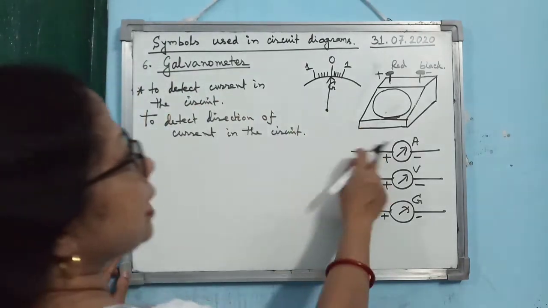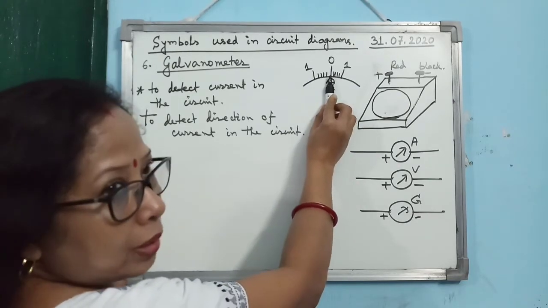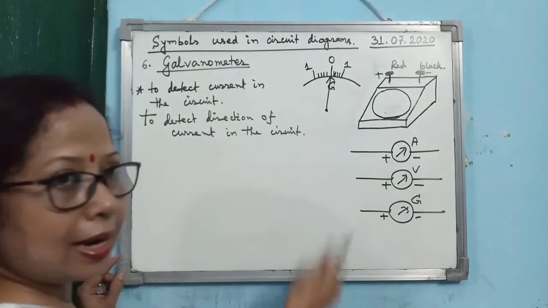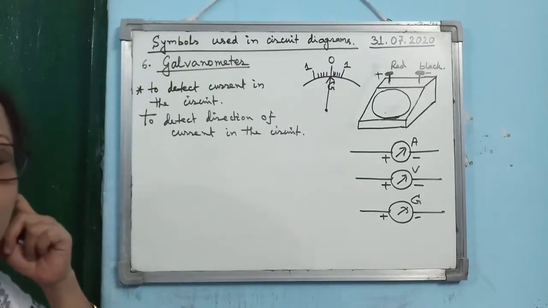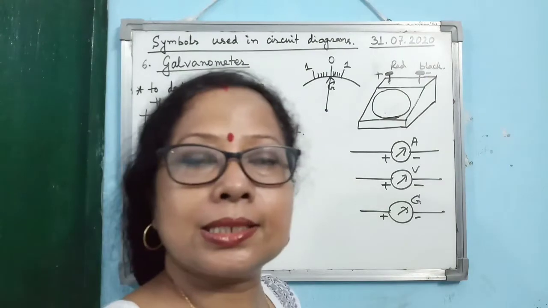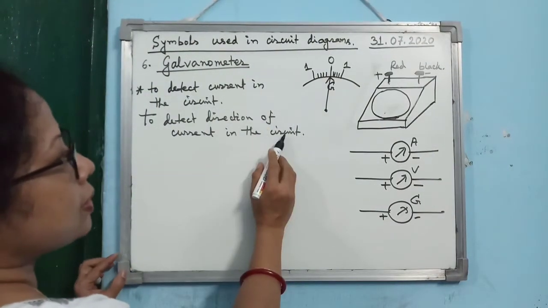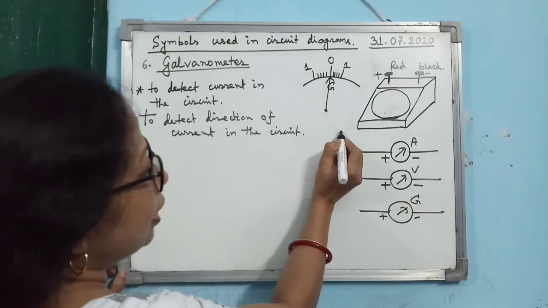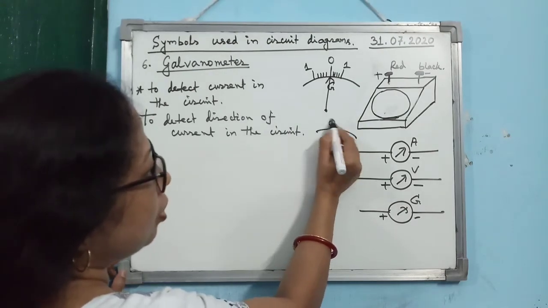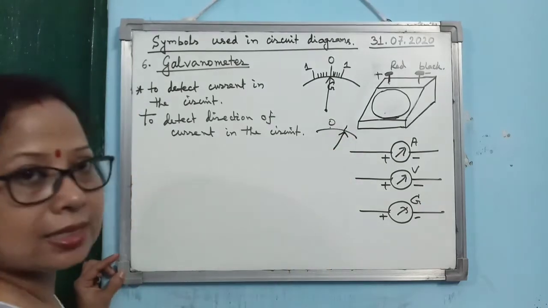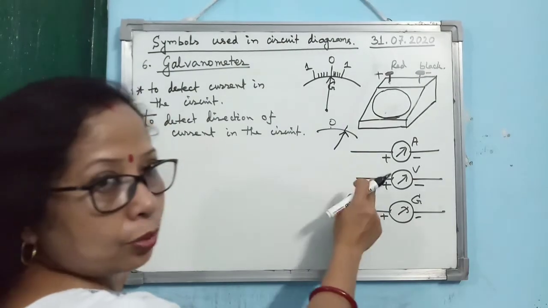Now how to find out? If current is there in the circuit, then the pointer of the galvanometer will not be at 0, it will be on one side. Is that clear? And how can it detect the direction of the current? Suppose this is 0, and the galvanometer pointer is to the right side. It means the current in the circuit is moving from left to right.